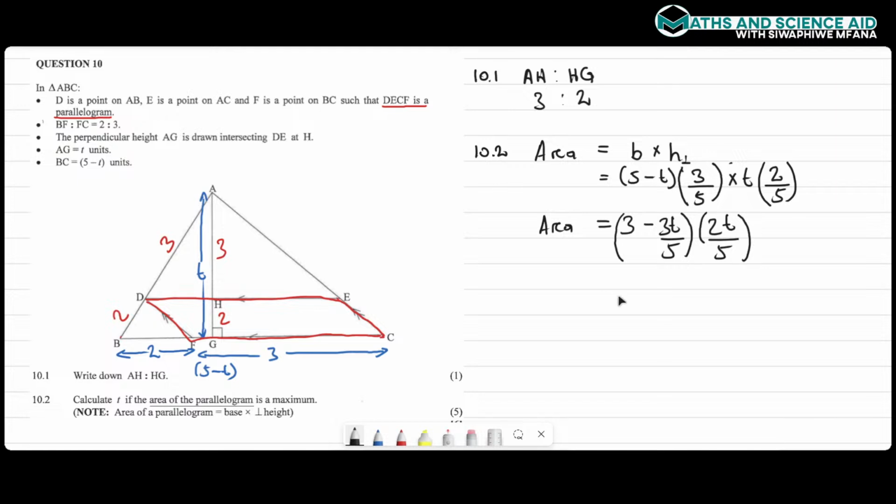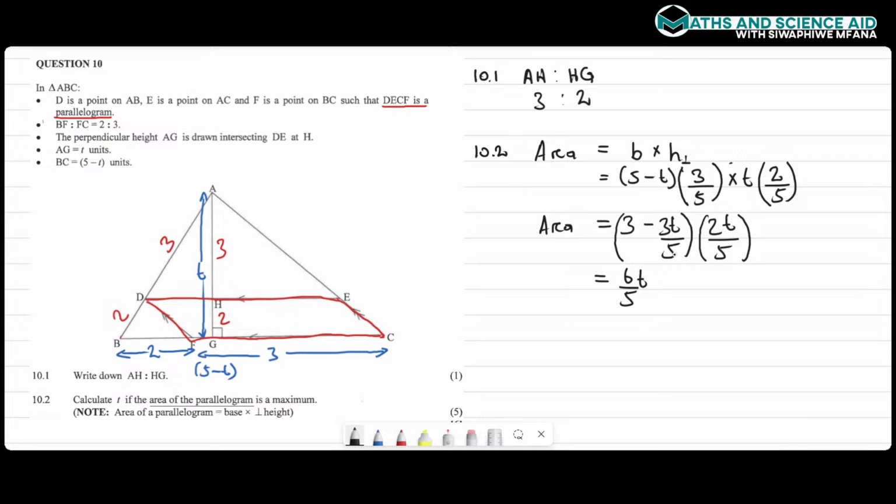Okay, so this is what we need to do. Let me just fix this bracket. And now let's multiply again. So 3 multiplied by 2 over 5, that will be 6 over 5, and then multiplied by t.